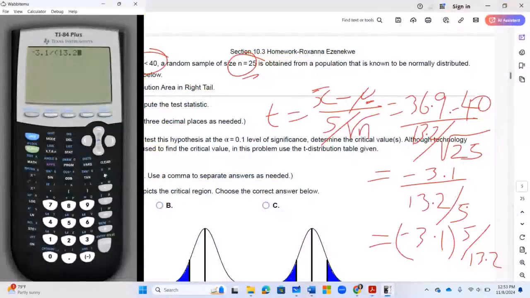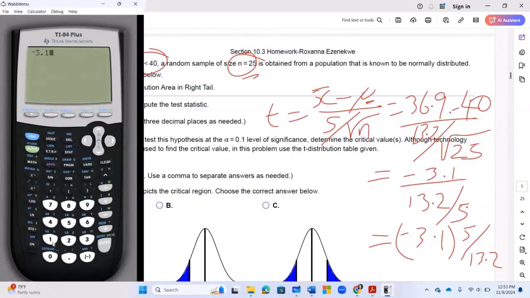That way, I just have negative 3.1 multiplied by 5, and I have an answer. I divide this answer by 13.2.